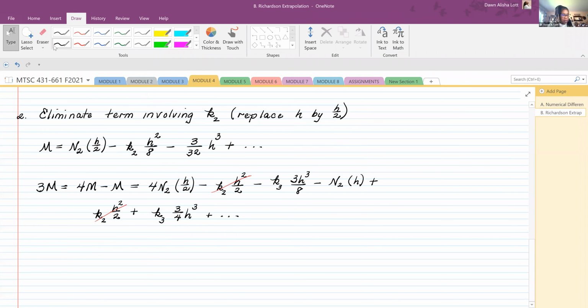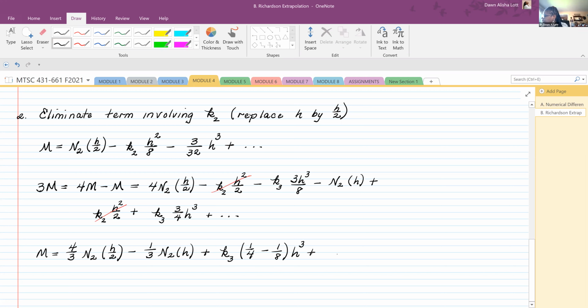So now I get M is equal to, I'm going to divide by 3. So I'm going to get 4/3 N2 of H over 2 minus 1/3 N2 of H plus K3, I'm going to get 1/4 minus 1/8, H cubed plus dot, dot, dot.